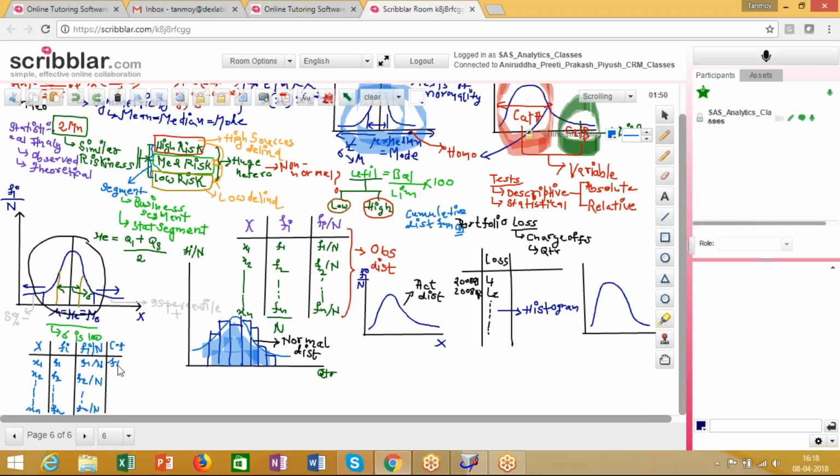So what it tells me is what is the probability that there is a number x which is less than equal to x1.